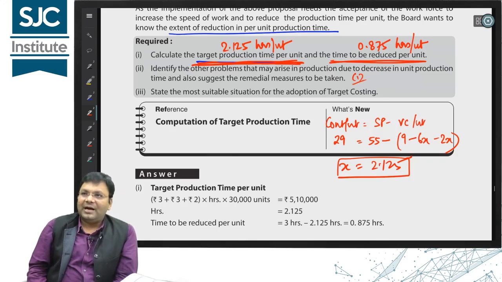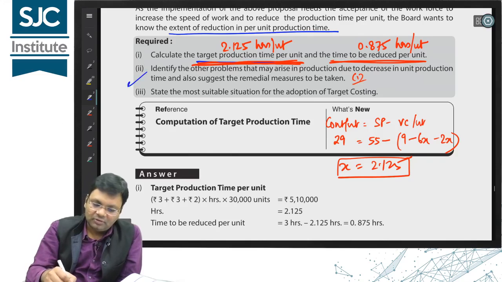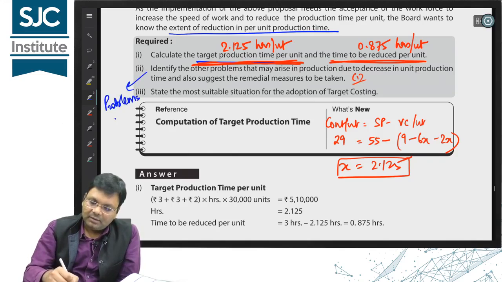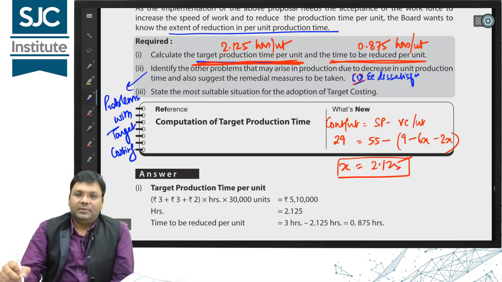When you start thinking of time reduction or cost reduction, there will be certain problems, and here what you have to talk about are the notes that I have given you in the previous session, called problems with target costing. If you remember, we had talked about certain problems with target costing. So one of the problems is employee dissatisfaction, because you are pushing your employees to reduce the time.